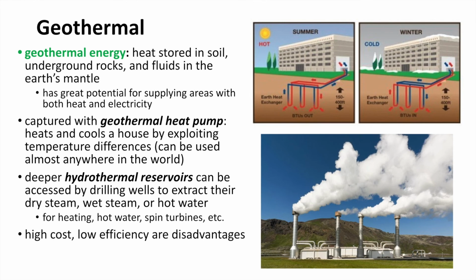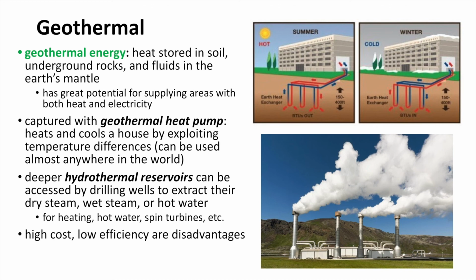In some countries where hydrothermal activity is at the surface, this is going to be a little bit easier to access hydrothermal reservoirs. And the example that I have here is from Iceland, where they're actually using hot water that's already being heated by the earth to spin turbines and generate electricity for themselves. Not everywhere in the world can do that.